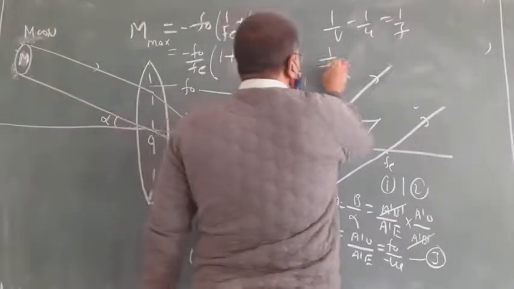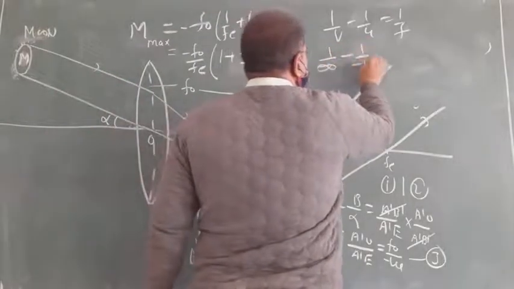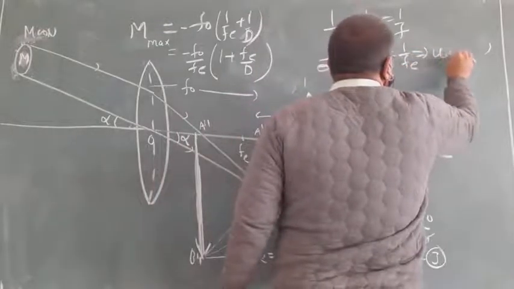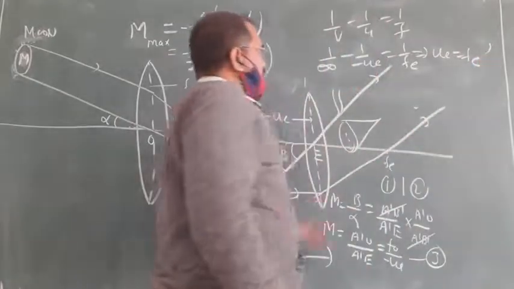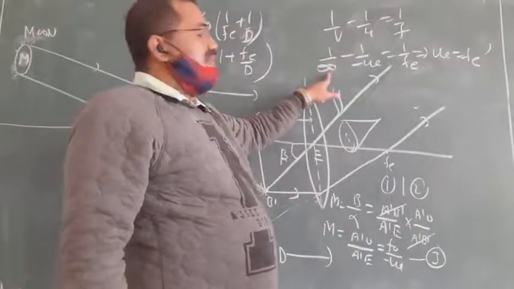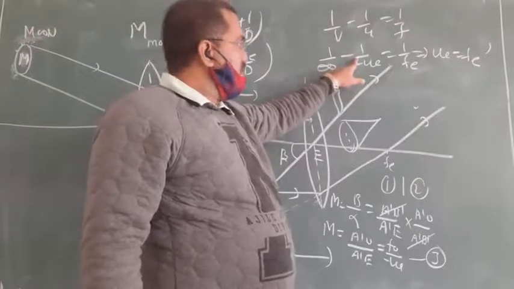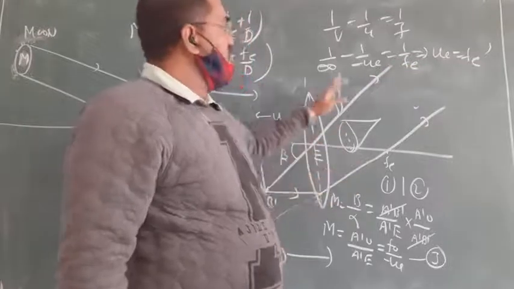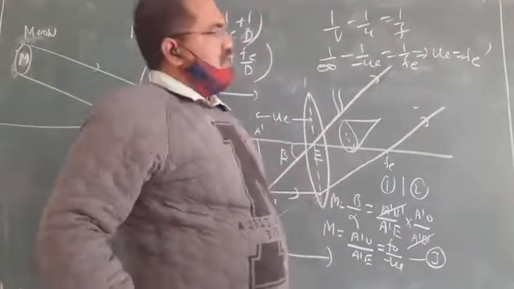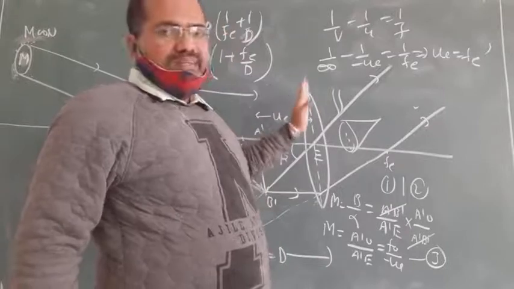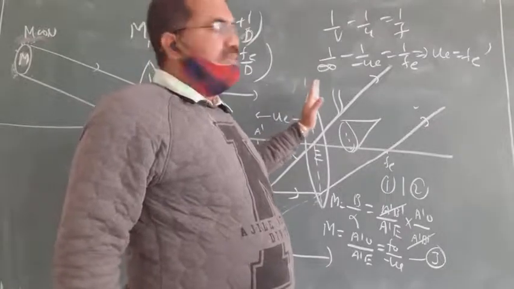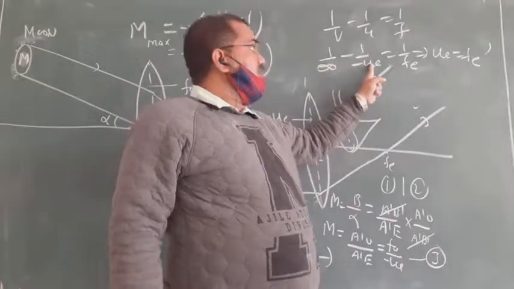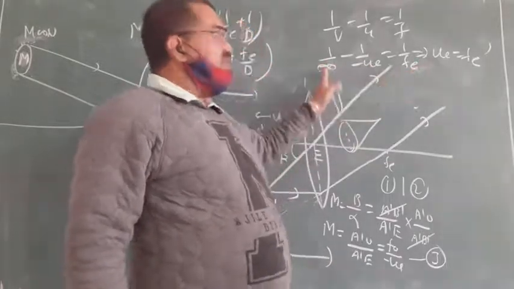So 1 by infinity minus 1 by UE equals 1 by FE, which implies UE equals FE. When the final image is formed at infinity, you take minus because it is on the left side of the eyepiece, FE as positive because it is a convex lens, so UE equals FE. And you know that when the object is kept at infinity, then the image is formed at focus. Similarly, when the object is kept at focus, then the image forms at infinity.